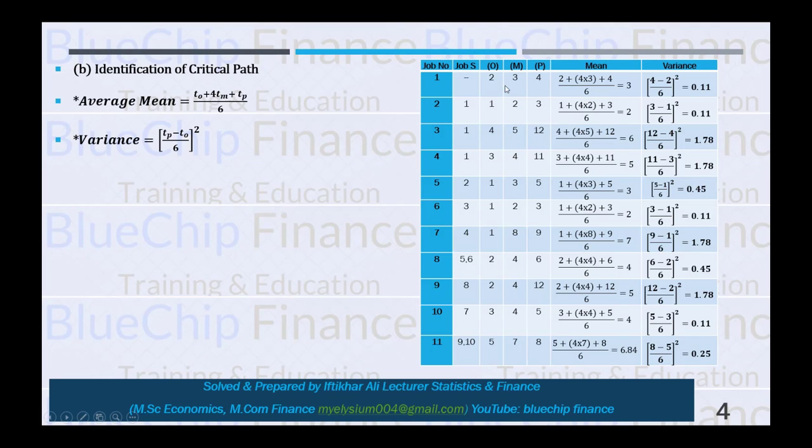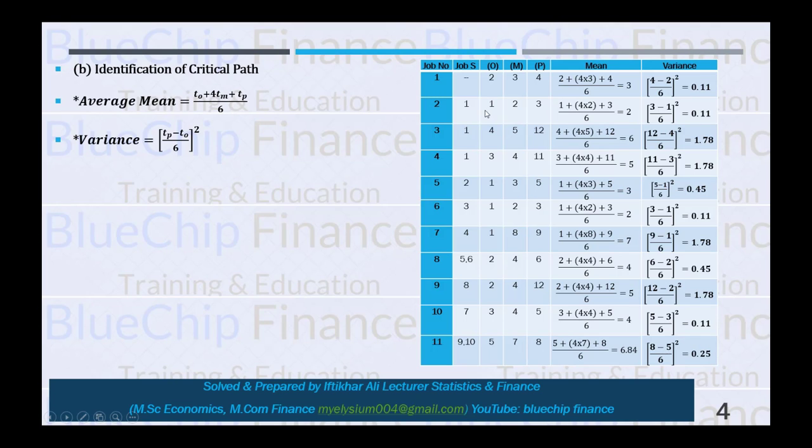First of all, optimistic time is 2 plus 4 multiplied by most likely time, that is 3, plus 4 which is the pessimistic time, divided by 6 equals 3. Similarly, optimistic time is 1 plus 4 multiplied by most likely time 2 plus pessimistic time 3, divided by 6 equals 2, and so on.